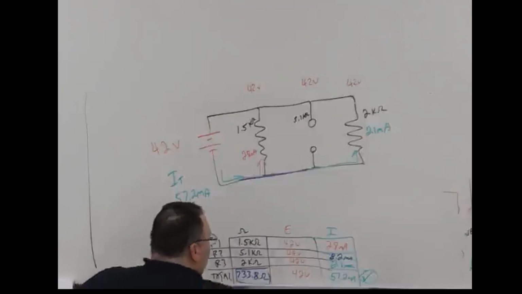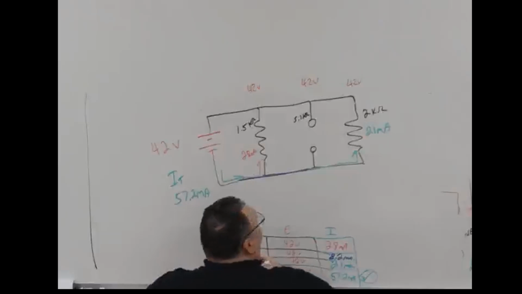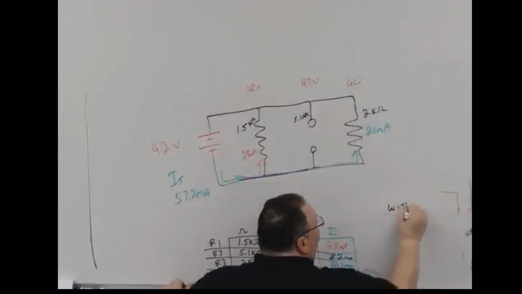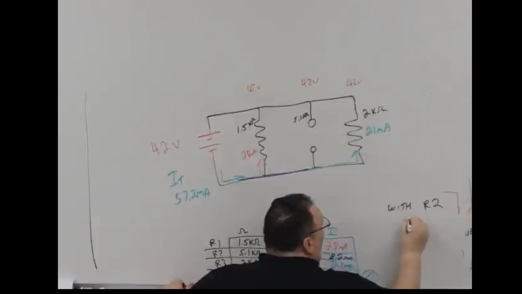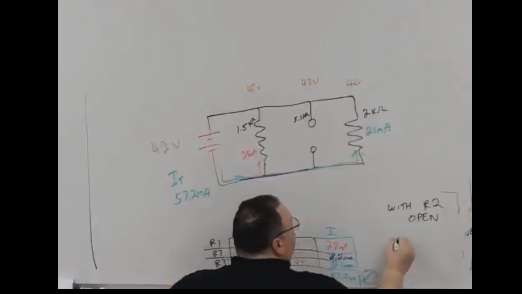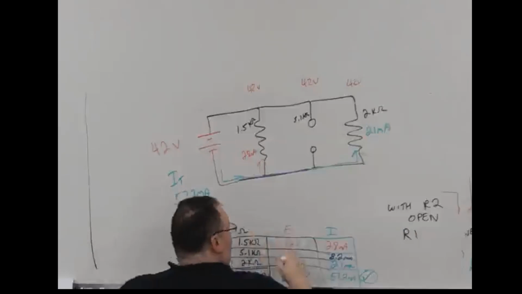So now my new total with R2 open: R1 is going to have 28 milliamps.